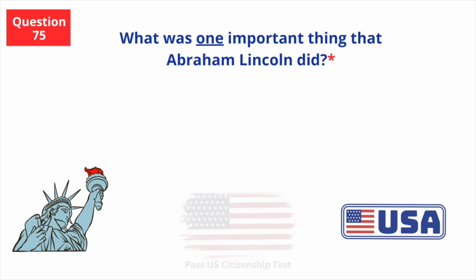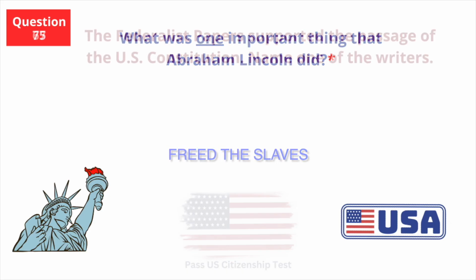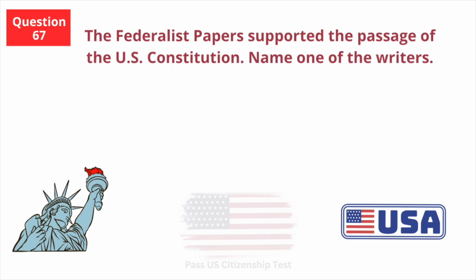What was one important thing that Abraham Lincoln did? Freed the slaves. The Federalist Papers supported the passage of the U.S. Constitution. Name one of the writers.